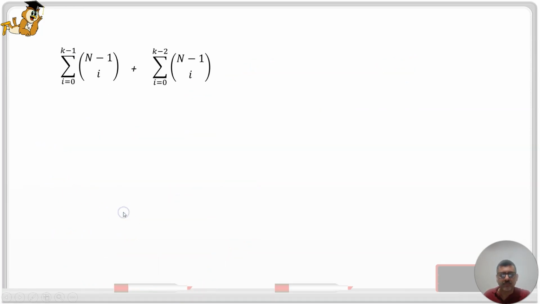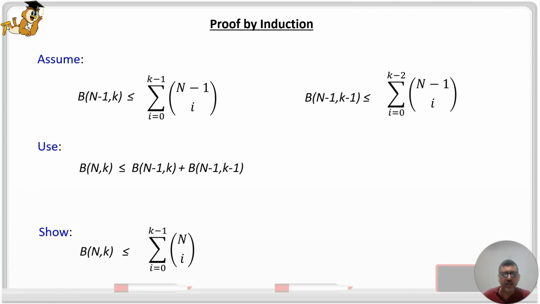Let's go on. So I'm now actually looking at B(n minus 1, k) and B(n minus 1, k minus 1). I'm going to substitute these things here. I'm dealing with the right hand side. So what is my right hand side?